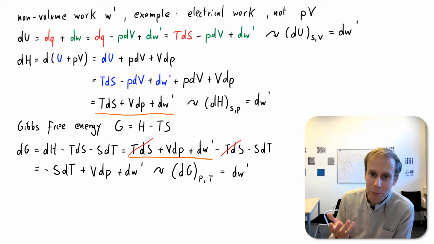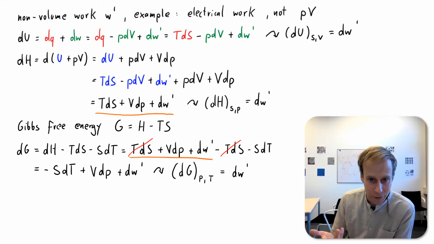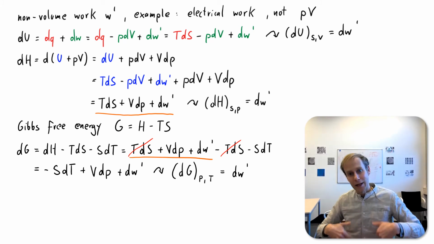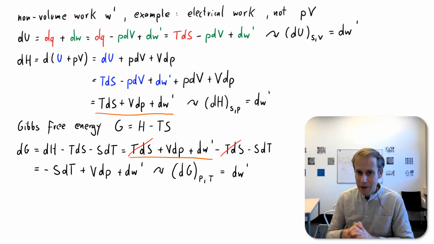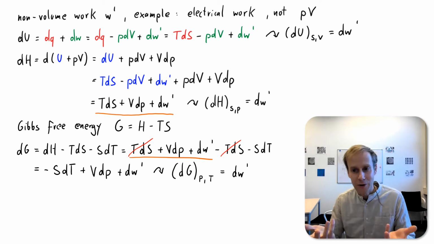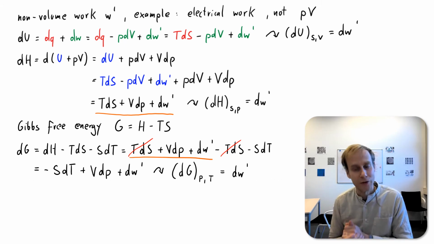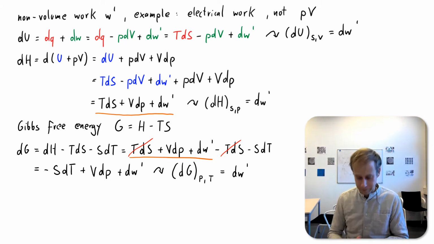Because in many biological processes, the pressure as well as the temperature remain constant. And then we can actually use the change of the Gibbs free energy to learn about how much non-volume work can be performed by the system, which is so relevant for the biochemical processes inside of a cell.